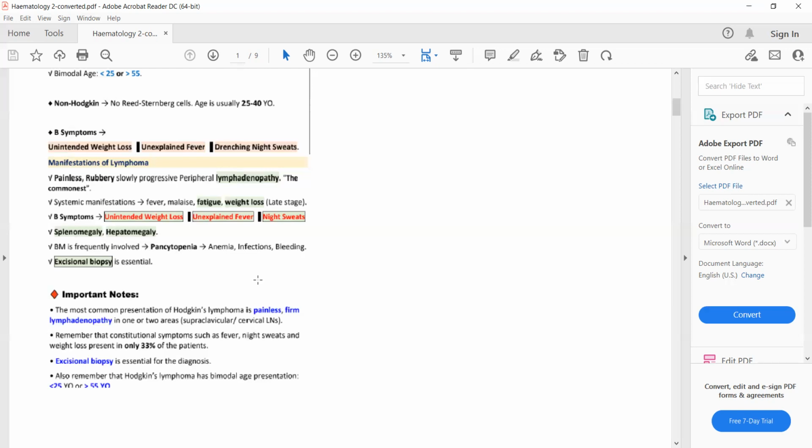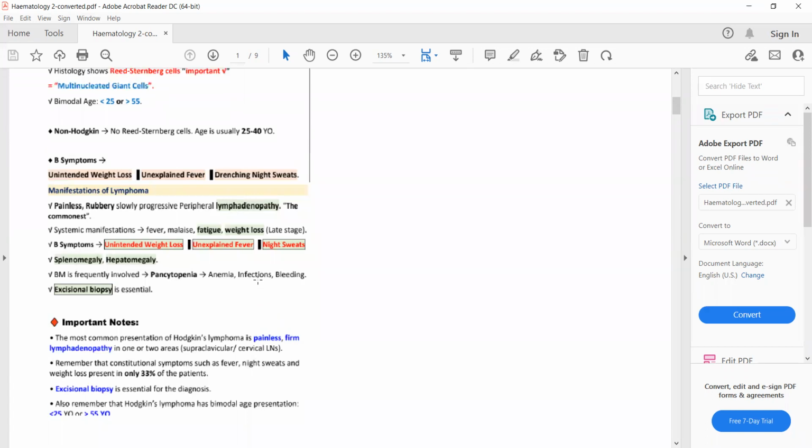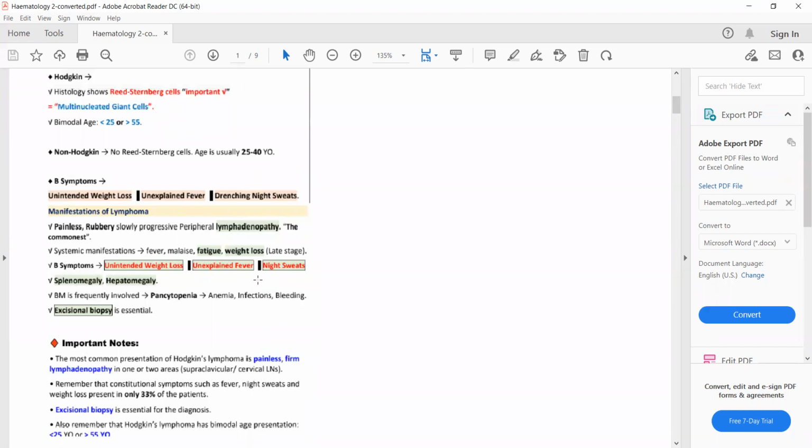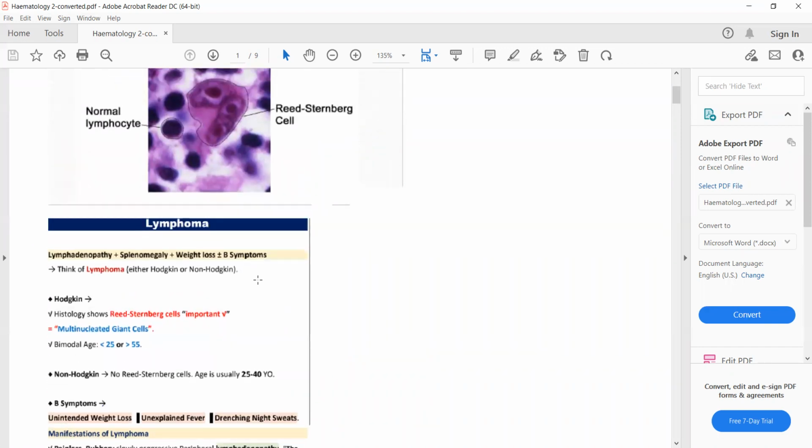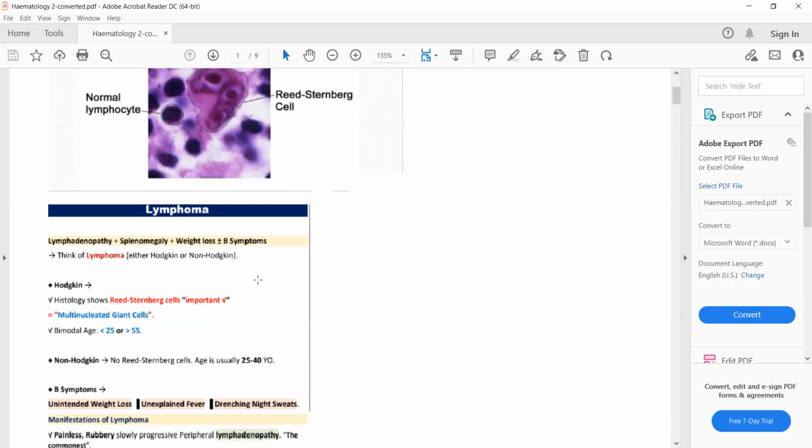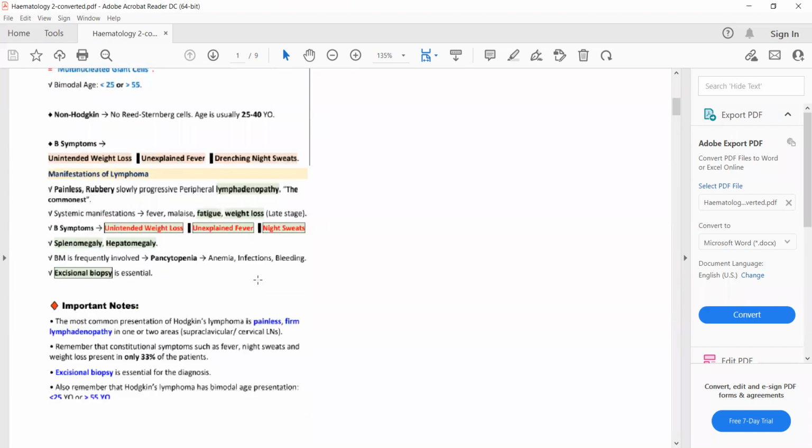The diagnosis is confirmed on excisional biopsy of the lymph node. Excisional biopsy of the lymph node will show specific findings of Hodgkin lymphoma, that is, Reed-Sternberg cells.